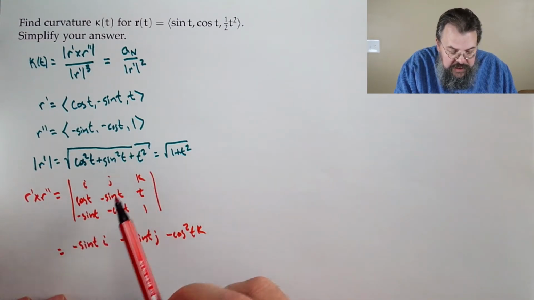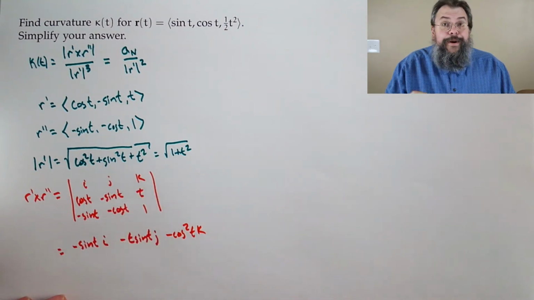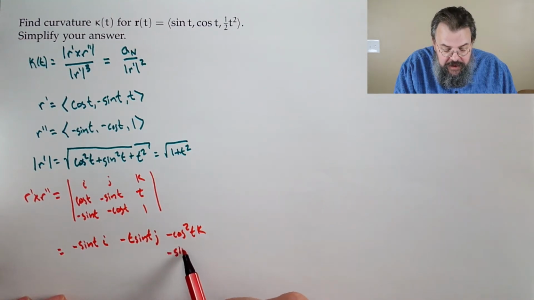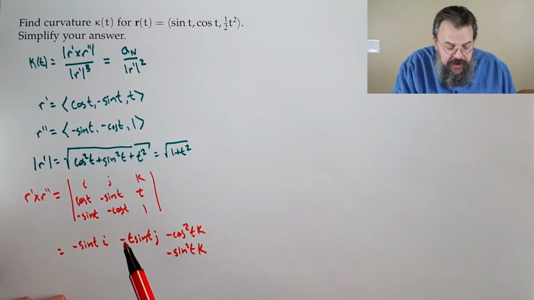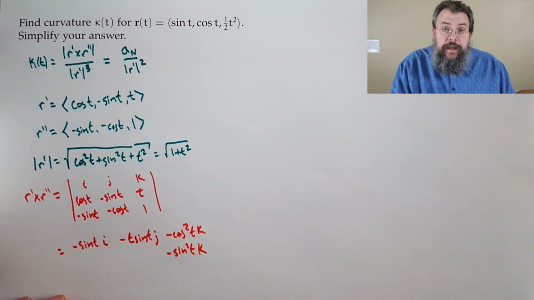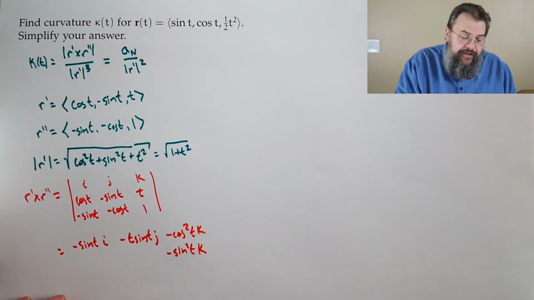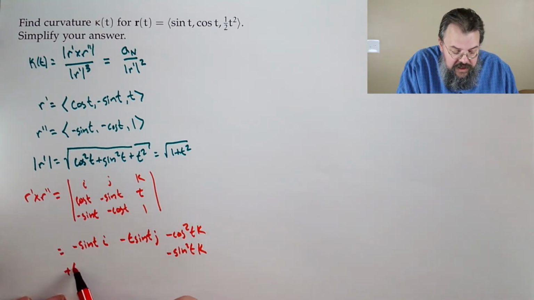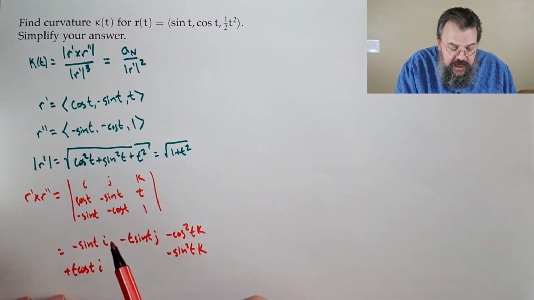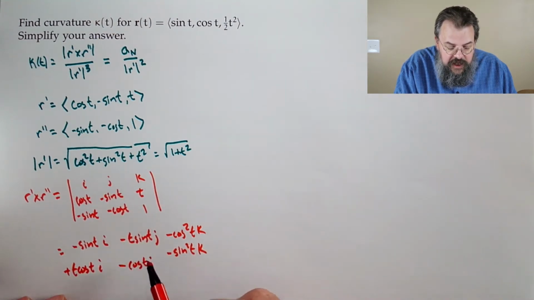Now going the other direction, sine times sine k, of course there's a minus and minus, but we're also subtracting because of the direction we're going, so that makes a minus sine squared k. Minus cosine t times t, that'll be minus t cosine t, but we subtract, so it becomes a plus t cosine t i. And finally, cosine t j, but of course we're subtracting, so that's minus cosine t j.